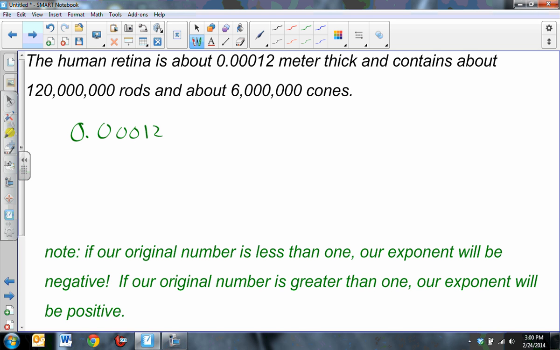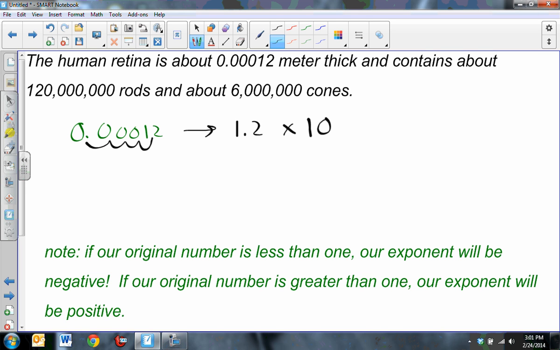Can you see how you'd move the decimal place till you get to a number that's between 1 and 10? So what you need to do, and I'll use a different color, black, is you need to go 1, 2, 3, 4 places over. Okay? So we've got our number C, 1.2, okay, because I just moved the decimal point over to there. And then we're going to multiply by some power of 10.